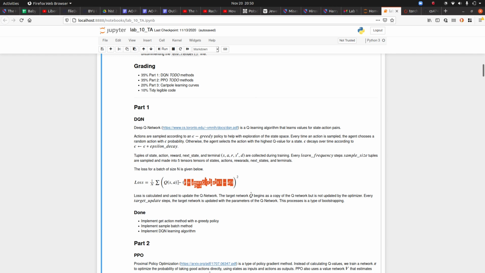The first thing is what we predict the Q value is based on the current state and the action that we chose. And we're going to take the difference of that with the reward that we got for this state and action plus a discount factor of what we think we will get in the future.